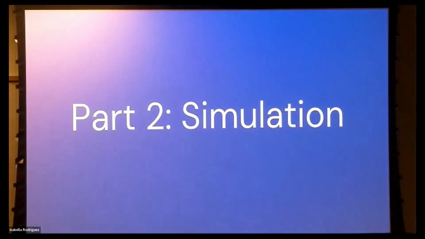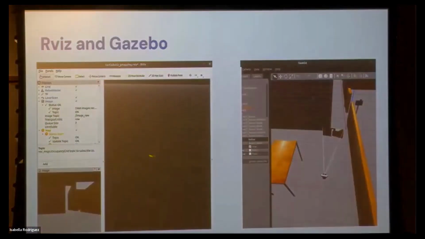All right. The first work we did was all in simulation. We also used ROS, like that first group, and we focused on RViz and Gazebo initially. Gazebo on the right handles the physics simulation.